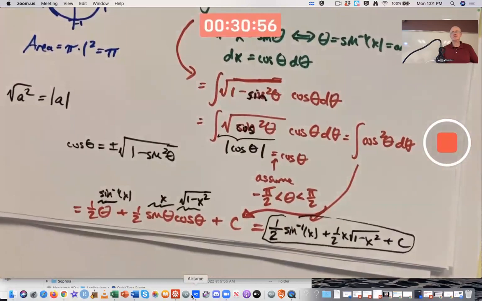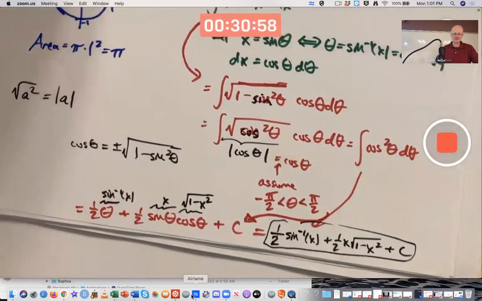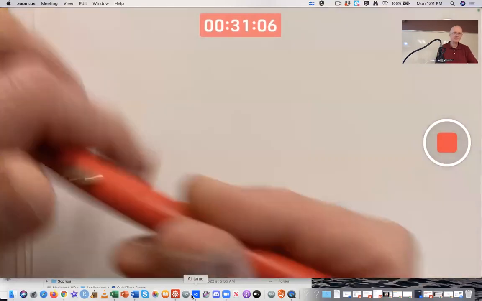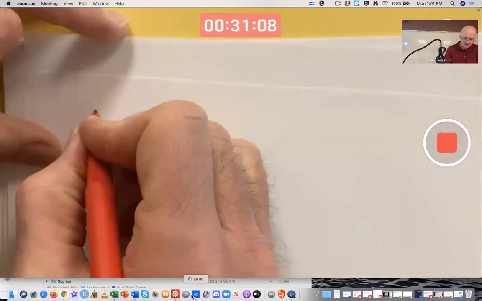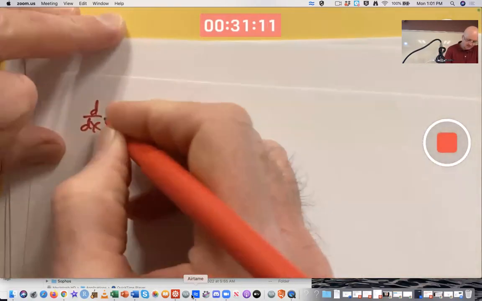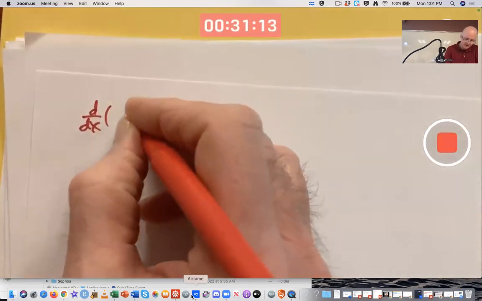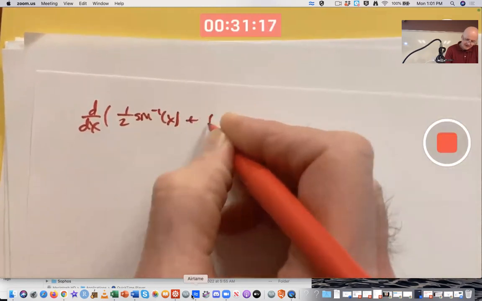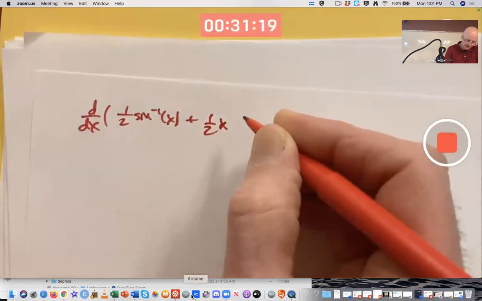Let's check it quick by differentiation. Differentiate our answer: 1/2 inverse sine x plus 1/2 x square root of 1 minus x squared.